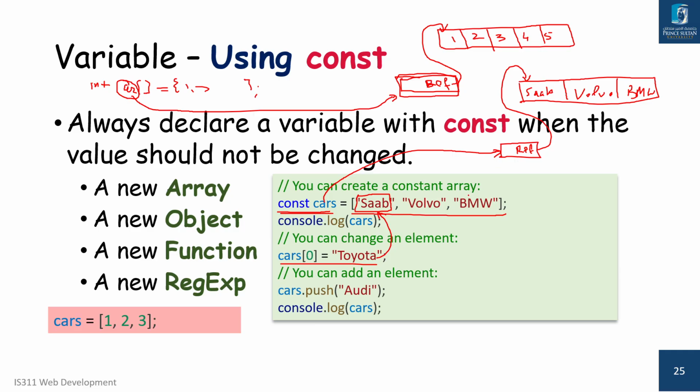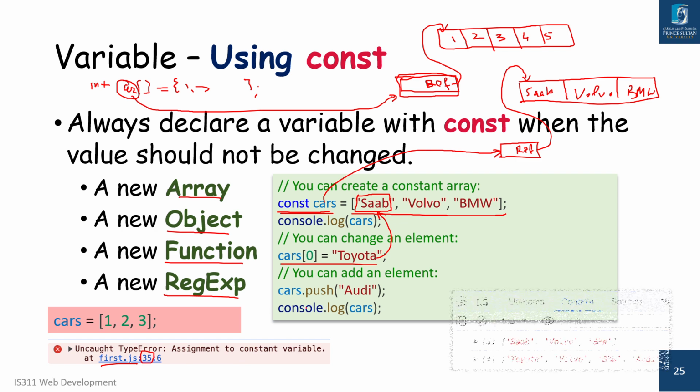That is why we can make variables of the array type, object type, function type or regular expression constant, because they are reference type variables and we don't want to lose the address stored in them. If I do that, it gives me an error: assignment to constant variable in this specific file at line number 35.